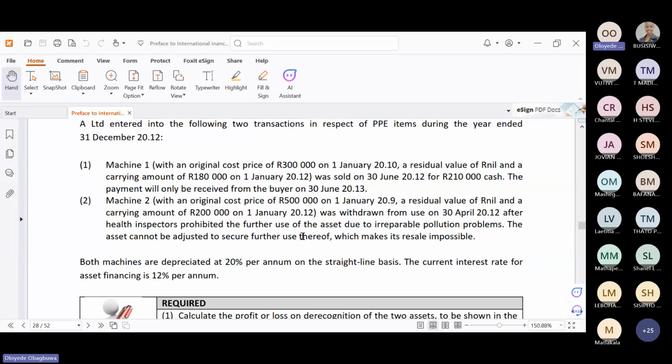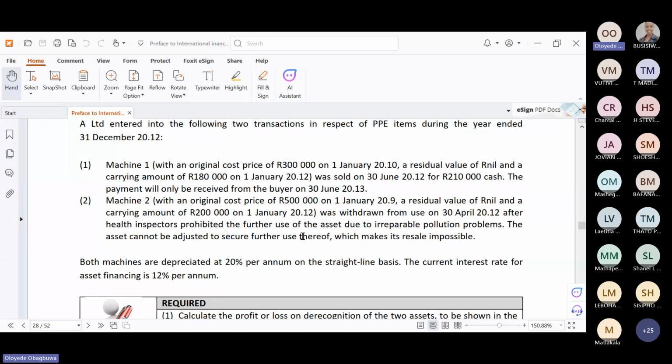To determine the profit, or the value at which this asset will be recognized in the books, you have to determine the carrying amount at disposal. We were given the carrying amount of 1st of January, but it was sold on 30 June. So we have to determine what is the carrying amount of this asset as at 30 June. That is what we do for machine 1.